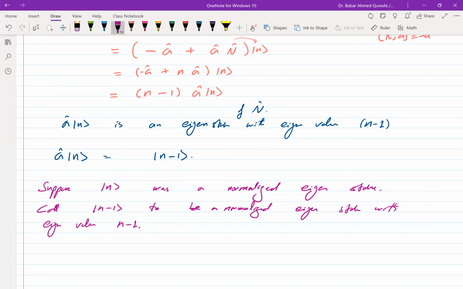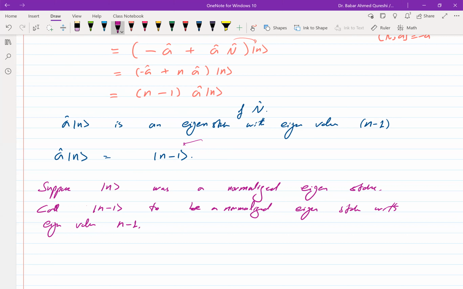Then I have no guarantee that when I act with a hat, the state which I get is normalized. All it tells me is that this state is an eigenstate with eigenvalue n minus 1. But any eigenstate, if you multiply with any constant, any number, still remains an eigenstate. So I don't know which one it is.